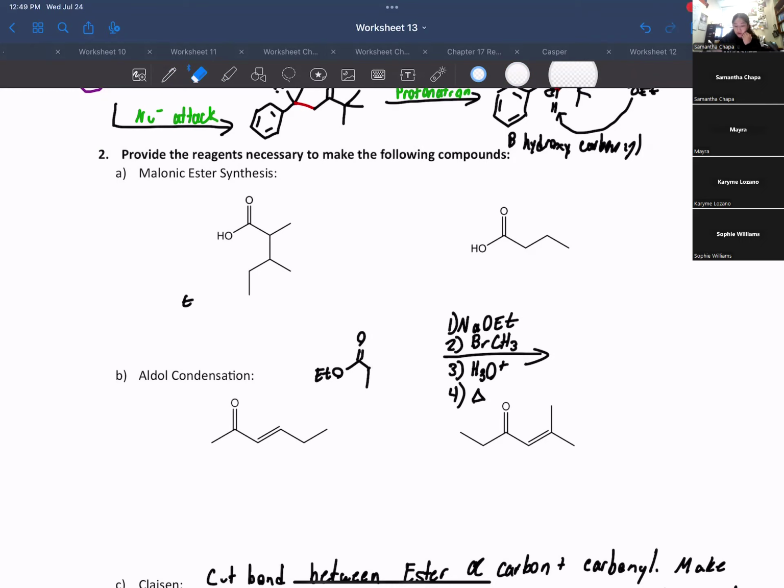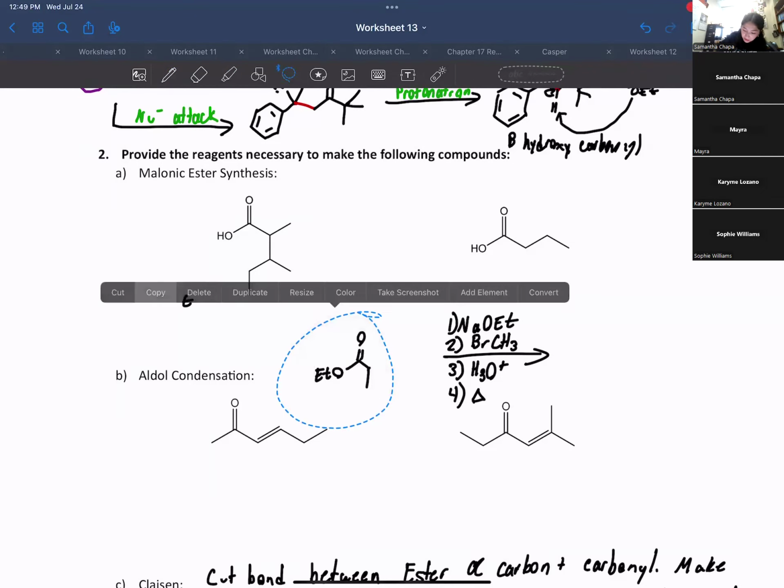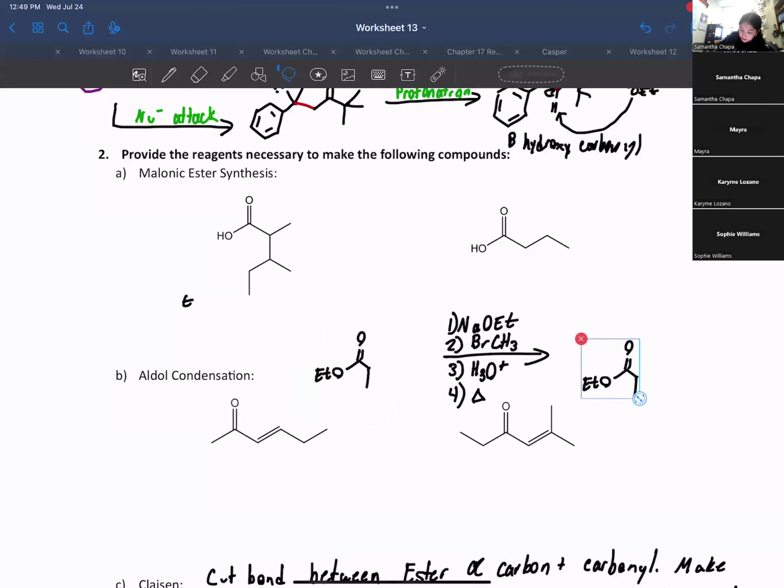And so what you will notice, I'll draw what our original reagent looked like really quick. What you should notice in your malonic ester synthesis is that one of your ester groups is going to completely come off, because you're going to make it into a carboxylic acid and then remove it by decarboxylation.